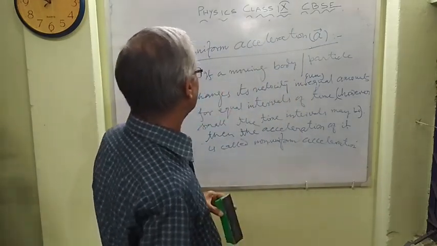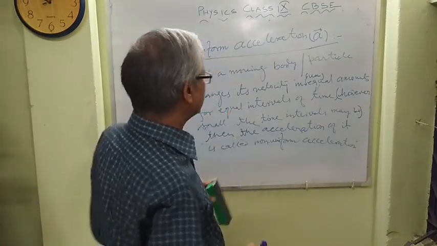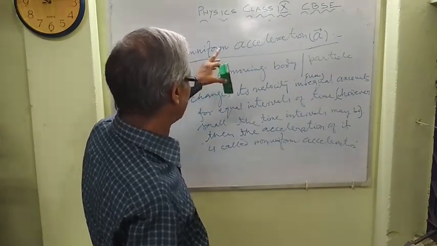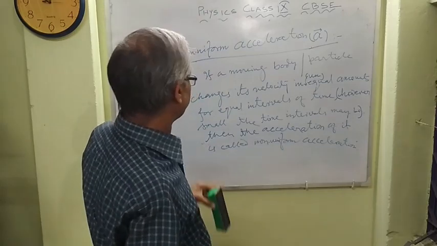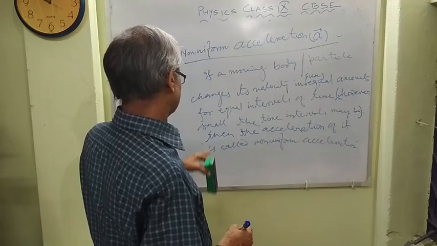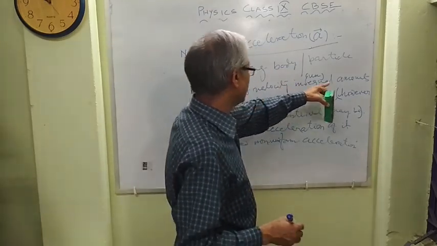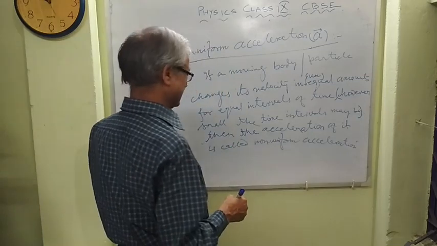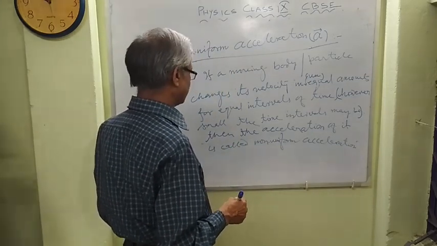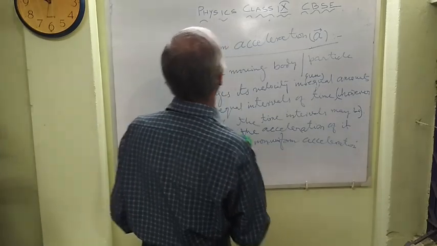If a moving body or particle changes its velocity in unequal amounts for equal intervals of time, then the motion is called, and the acceleration is called the non-uniform acceleration.